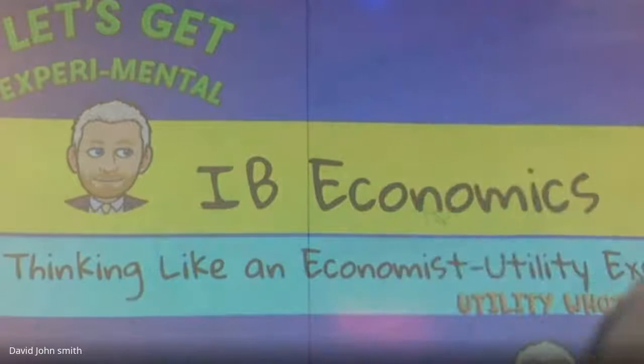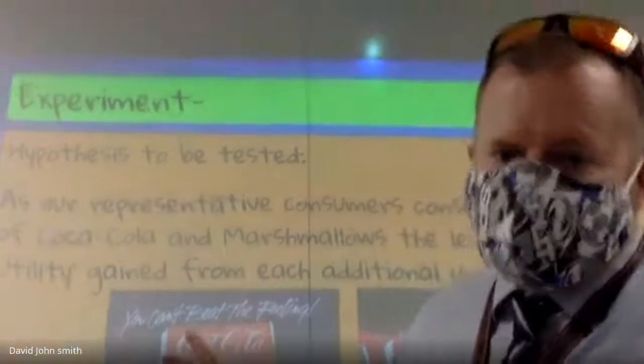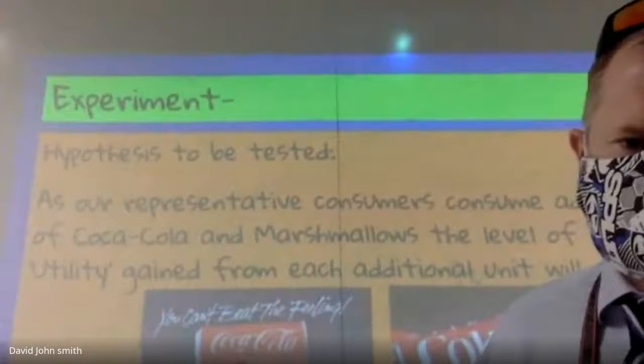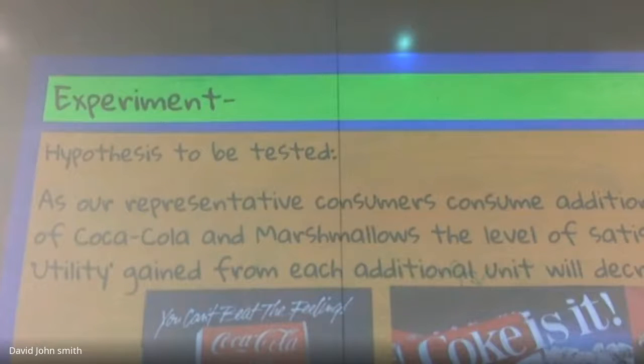So here's what we're doing. This is what we're testing. The idea is we're going to have some representative consumers. These are going to be the people who are going to be consuming the product, Coca-Cola marshmallows.